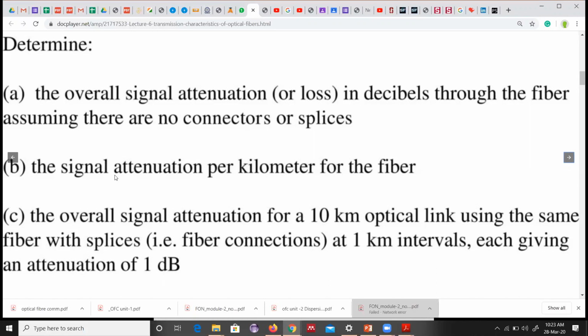So to what extent will the attenuation or the loss increase if you are placing connectors or splices? Second is signal attenuation per kilometer for the fiber and overall signal attenuation for a 10 kilometer length optical fiber link, in which for every 1 kilometer there is a fiber splicing, and each splicing will introduce an attenuation of 1 dB.